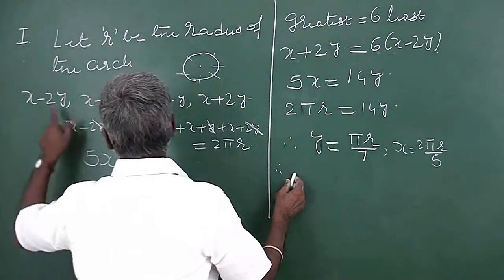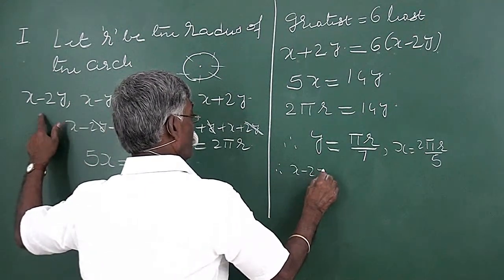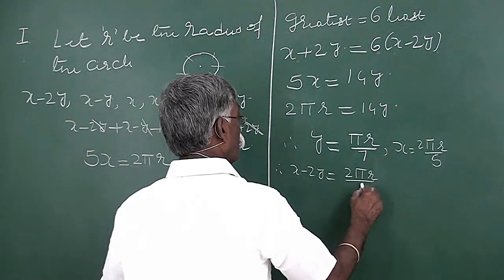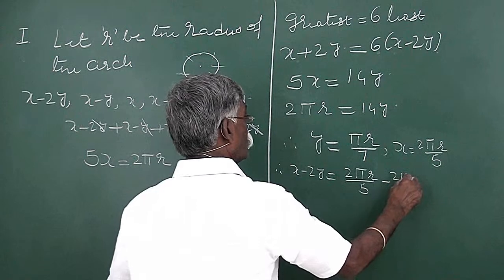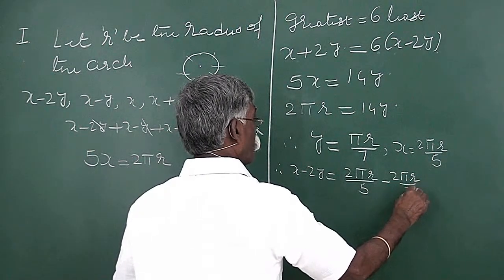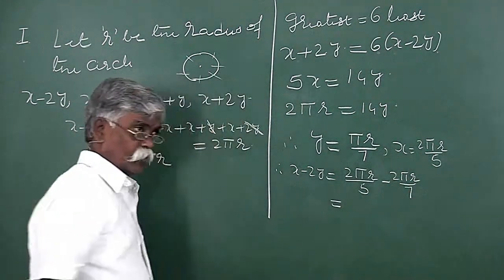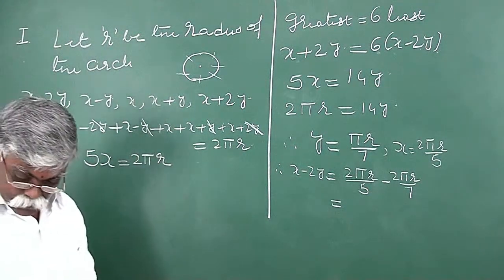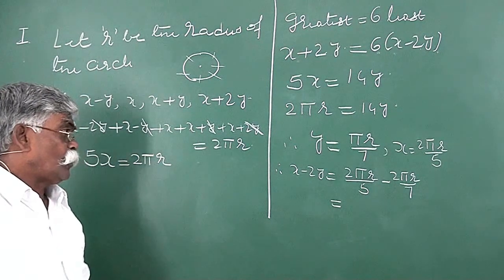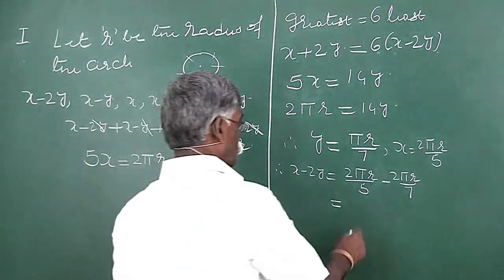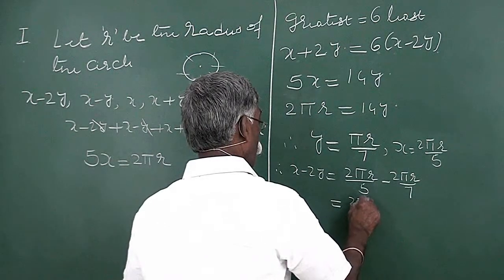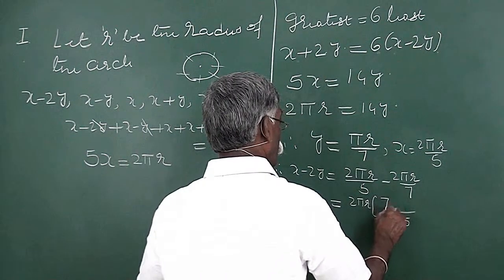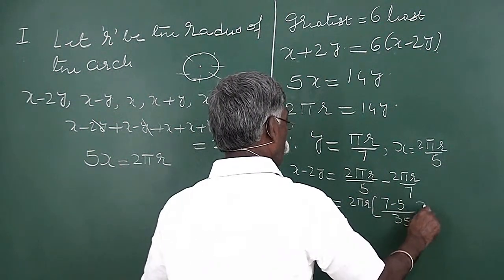Therefore, the first part x minus 2y is 2 pi r by 5 minus 2 pi r by 7. So, when 2 pi r is taken common, and 35 as LCM, here we'll get 7 minus 5.